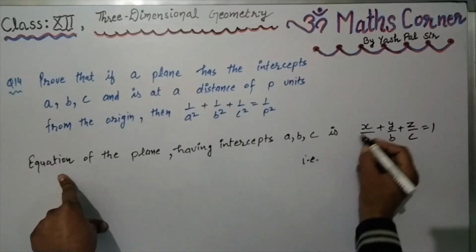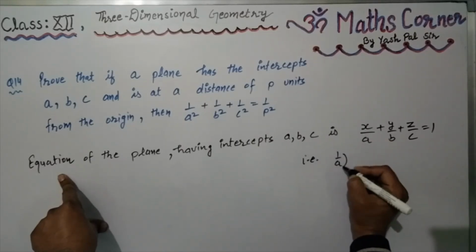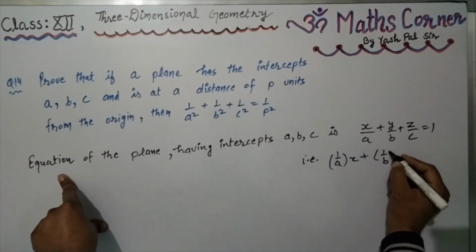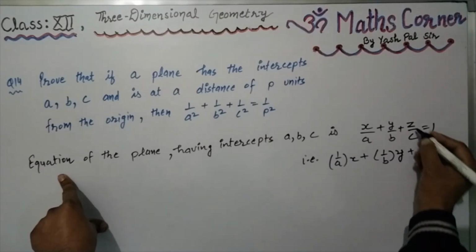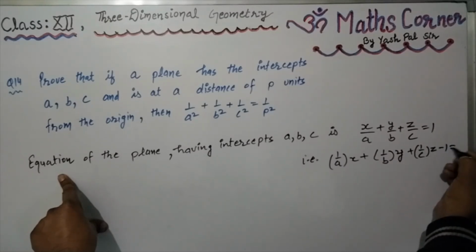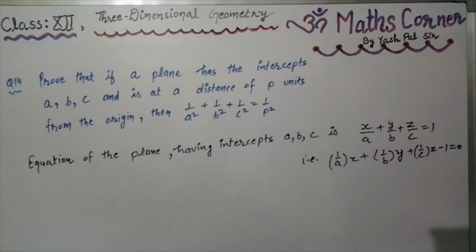Right? We can also write this equation as 1 upon a into x plus 1 upon b into y plus 1 upon c into z minus 1 is equal to 0.